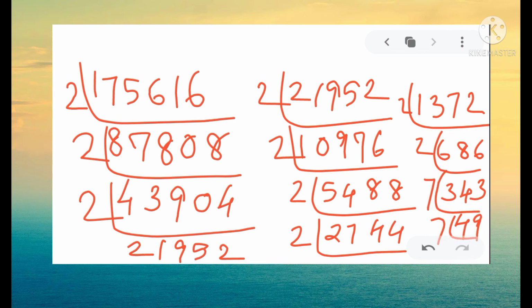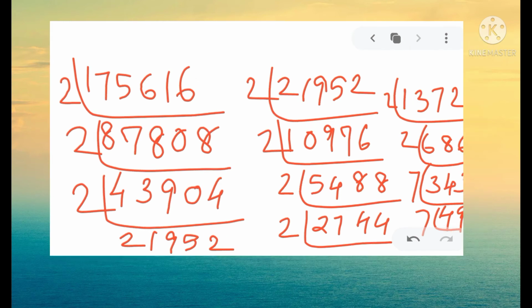So in the first group, here we can see how many 2s are there: 1, 2, 3, 4, 5, 6, 7, 8, 9.